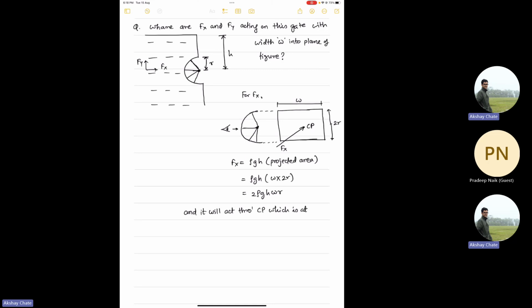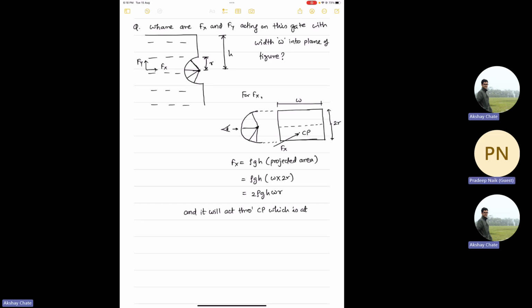But for this projected area, CP will be below the 2R point actually. So I should have drawn this line slightly below. If this is the center line, Fx will be acting somewhere here. So here will be your CP, maybe at the center of the W, at W by 2, because this is a constant width type of gate.